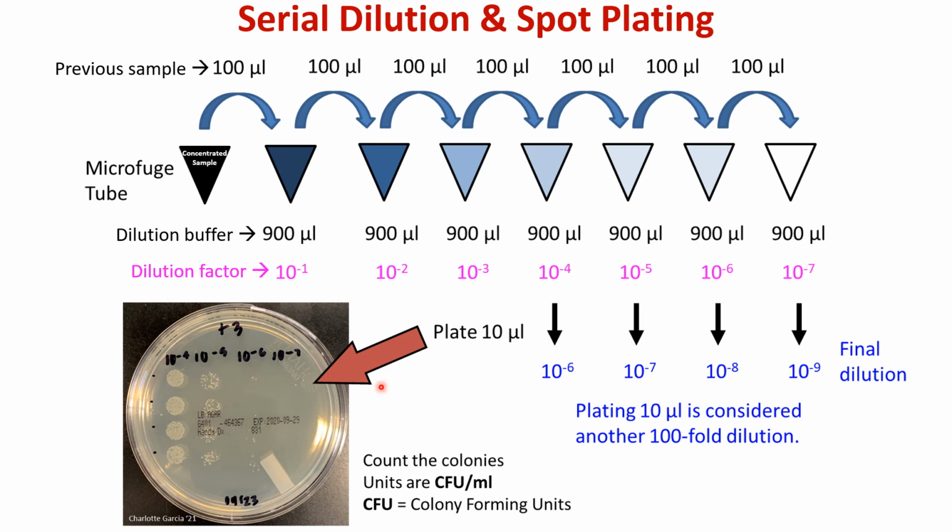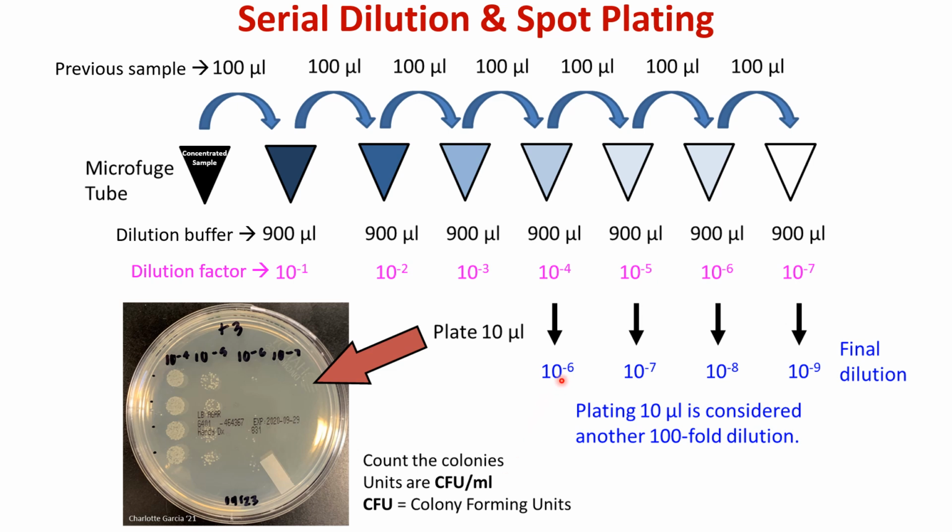Now, there's a couple ways of thinking about this. I'll explain the way that I grew up learning how to do this. The units that we're going to eventually express this in are CFU per mL. CFU represents colony forming units; instead of calling them colonies, the more appropriate term is colony forming units. The important part is that we represent them in the volume of 1 milliliter.